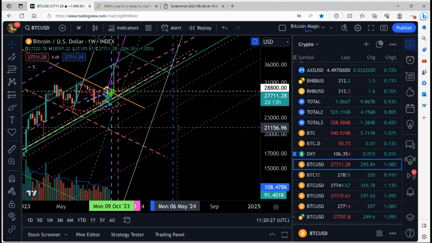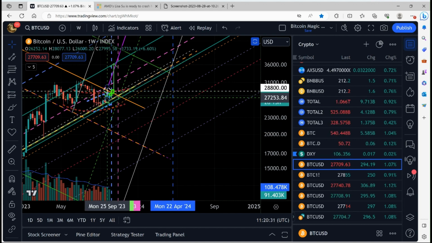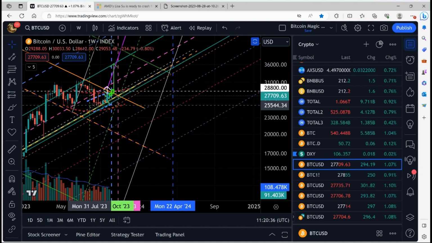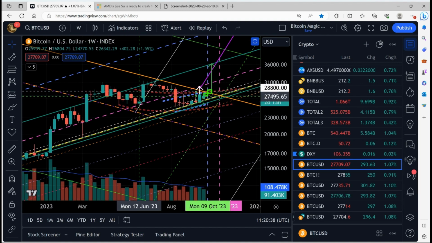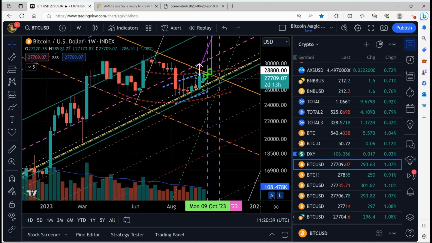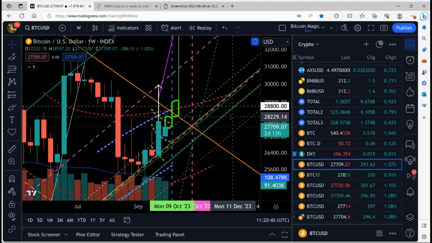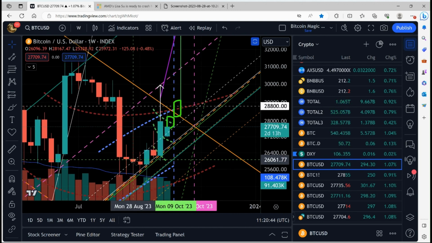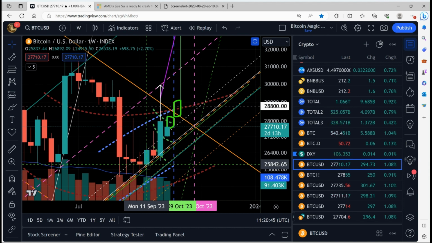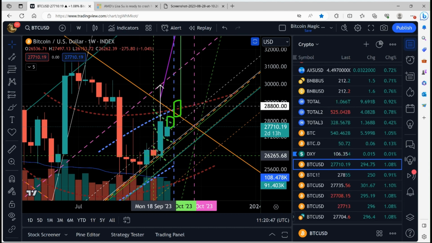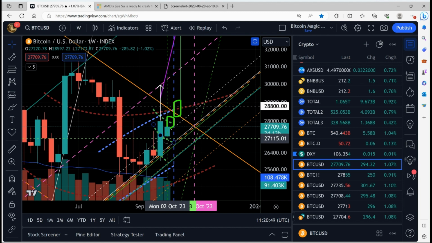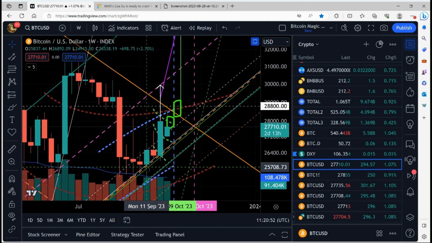And I don't think anybody, all the big boys that are getting in right now, there is so much accumulation here, so much. And when we zoom in here, you can just see on the weekly time frame, everything was getting bought up here at about 25.8.